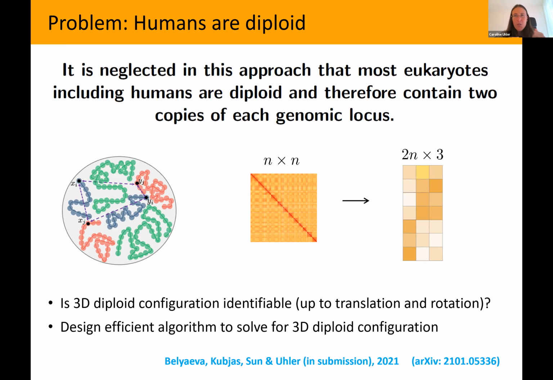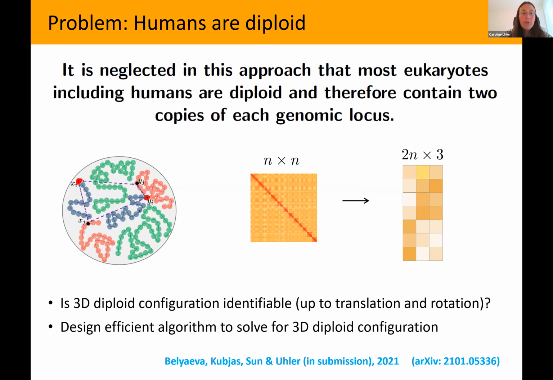You would have to sequence super, super deep in order to be able to tell the difference between these two chromosomes. So how you should think of it is, really you have this problem where you have all these chromosomes, but for every point on the DNA, you have another point and you cannot identify between them. So every point has a second copy of it and they are unidentifiable. So instead of getting the distance between any 2 points, you really get the distance between sums of 4 points.